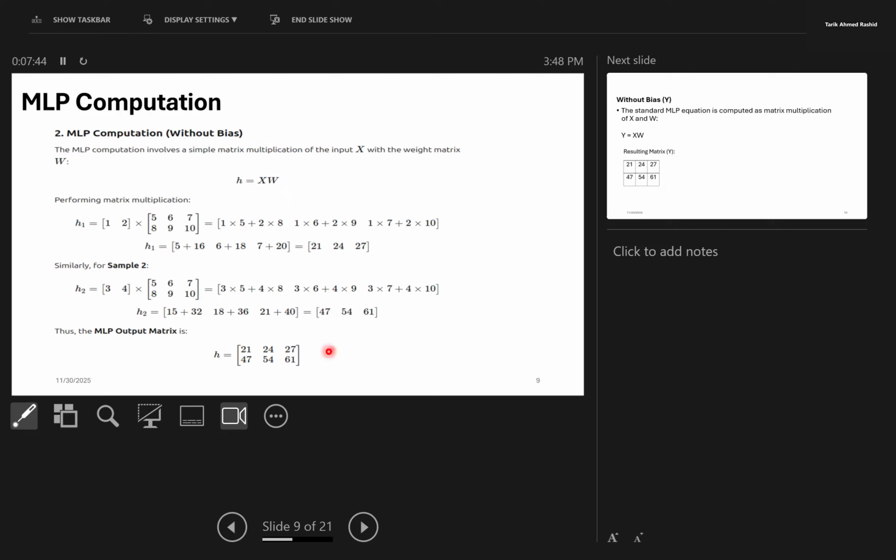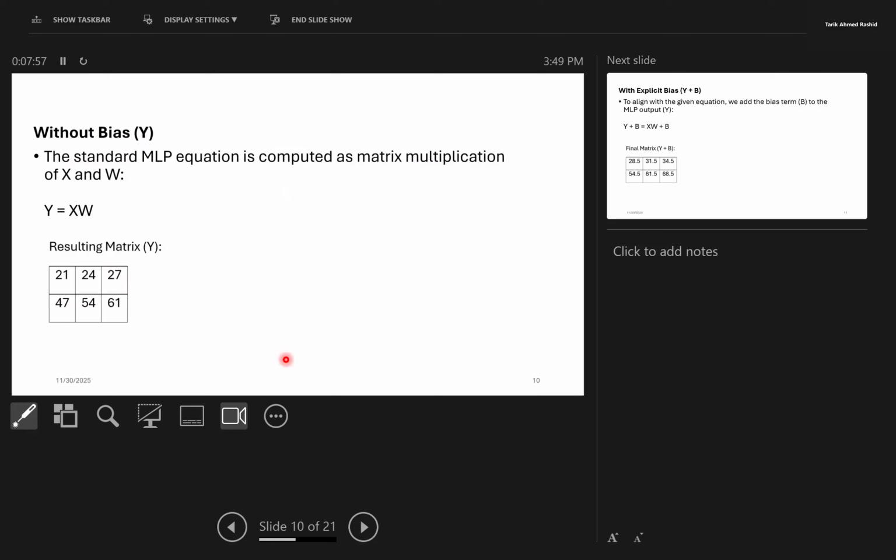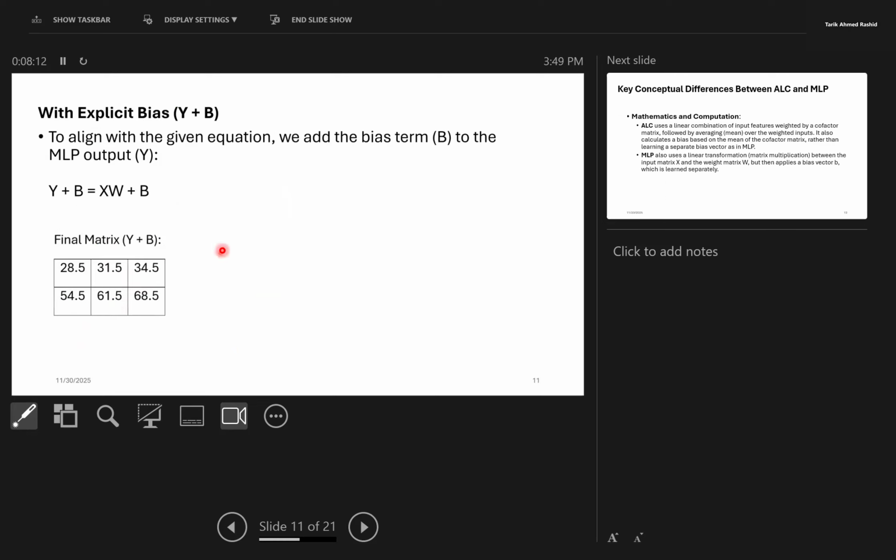So the MLP output matrix will be 21, 47, 24, 54, 27, 61. With the bias, it will be this much.